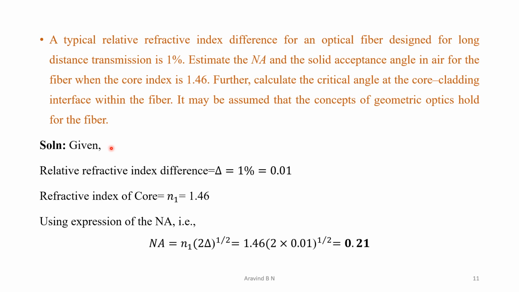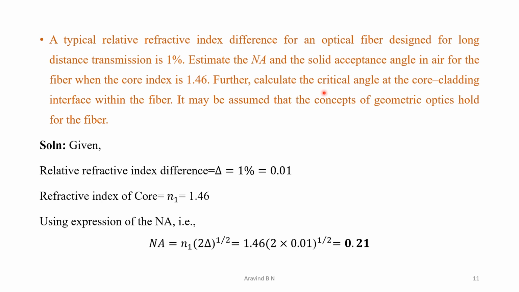First note down the parameters. Given the relative refractive index difference delta is 1%, that is equal to 0.01. The refractive index of the core is given, n1 is equal to 1.46. So two parameters need to be calculated: the estimation of the numerical aperture, and the critical angle.